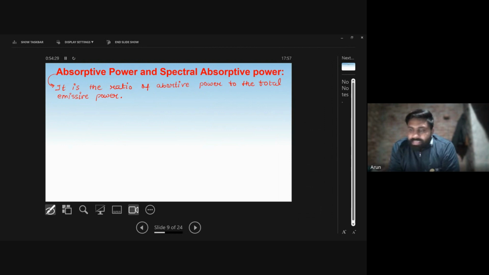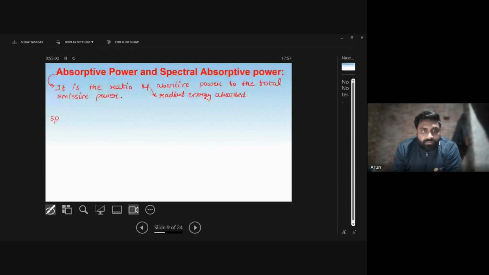Okay, so you can also say that it is the ratio of radiant energy absorbed. And in the same way, what is the spectral?